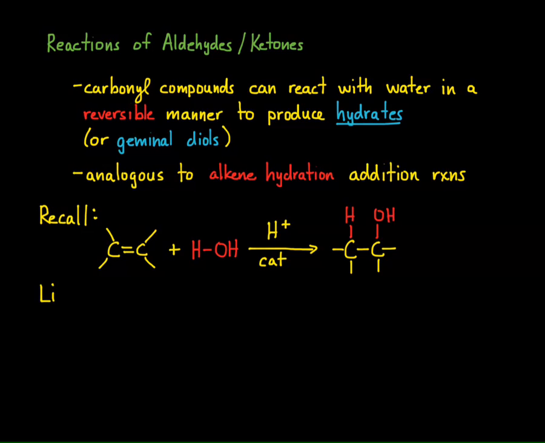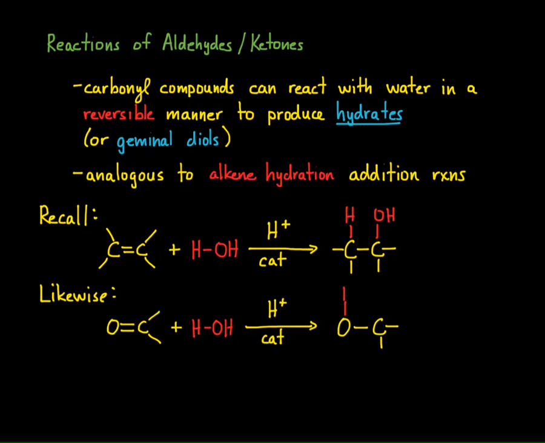But when we take a look at carbonyl chemistry, we see that when a carbonyl reacts with water, again in the presence of an acid catalyst, or we'll see a base catalyst, then you get the OH always adding to the carbonyl carbon, and then the oxygen gets protonated. So you're still adding water. Notice the parallels.